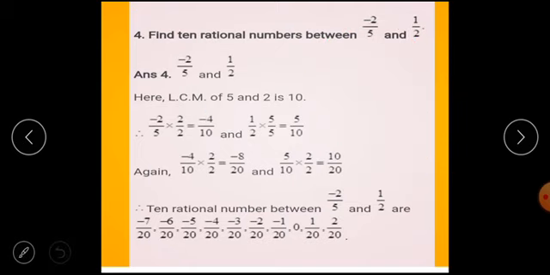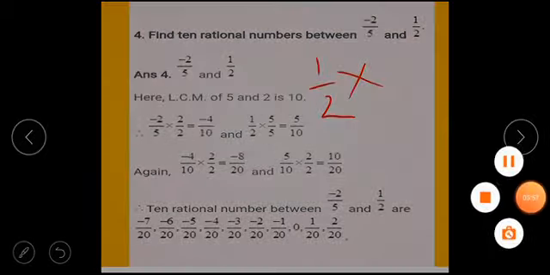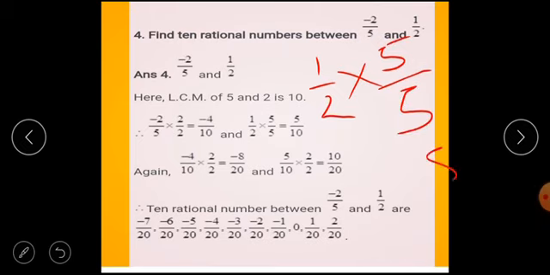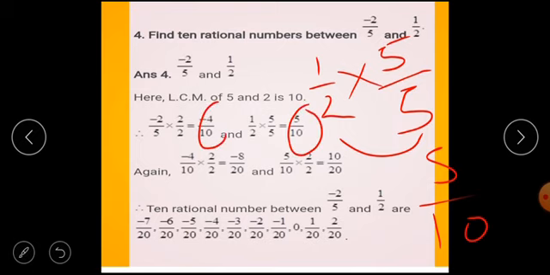Now our next rational number is 1 upon 2. To make its denominator 10, we have to multiply and divide it by 5. So 1 into 5 will be 5 and 2 into 5 will be 10. So now I am getting two rational numbers with the same denominator, minus 4 upon 10 and 5 upon 10.